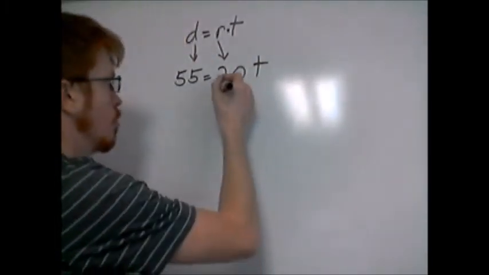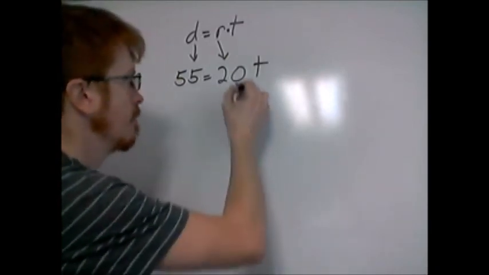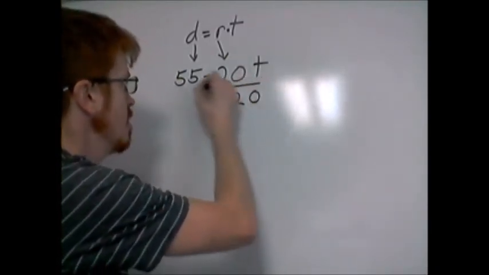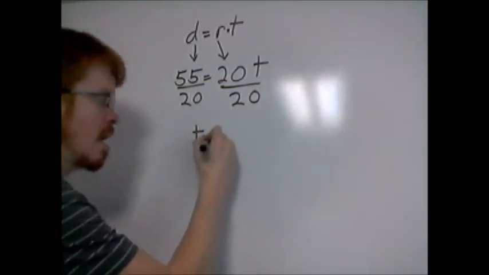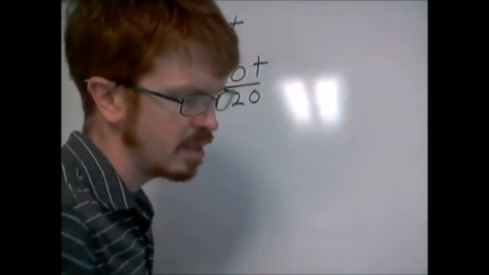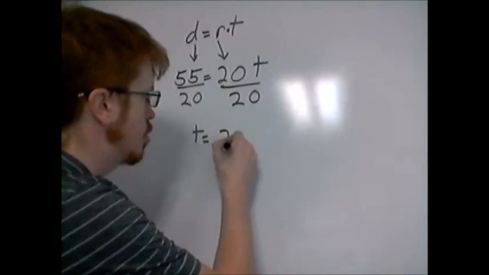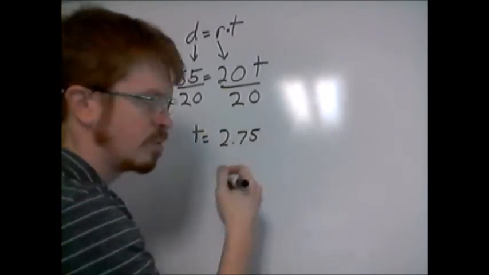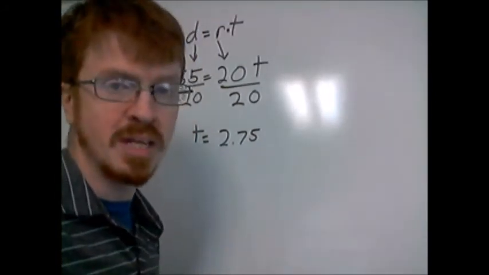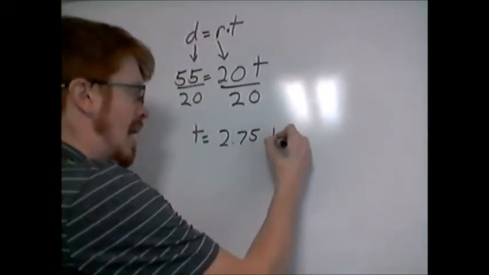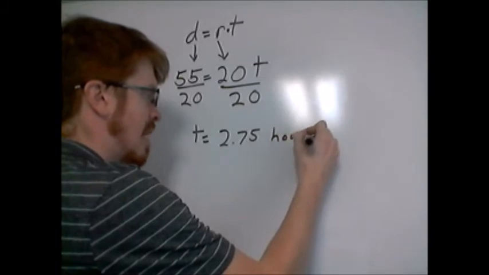So this, you go through and you know how to do this very simply. Divide both sides by 20. I'm going to rearrange it. The time it would take is roughly 2.75, or 2 hours and 45 minutes is what it would be. 2.75 hours.